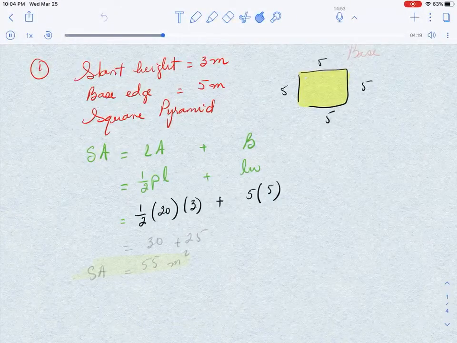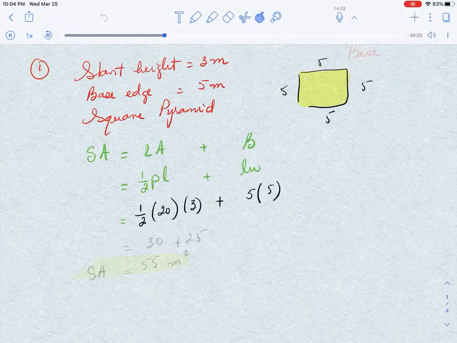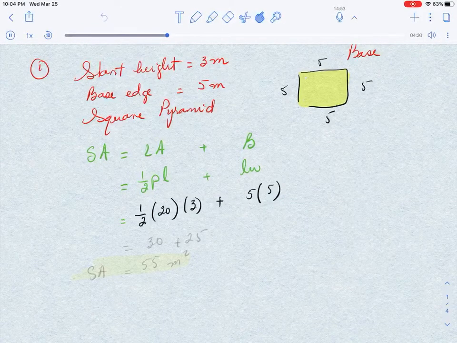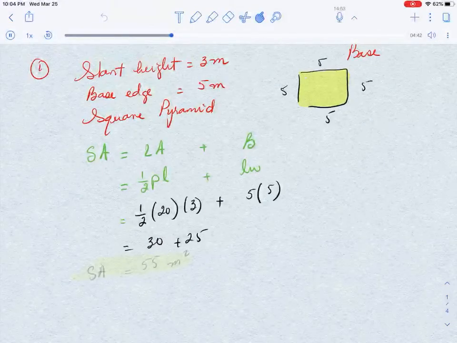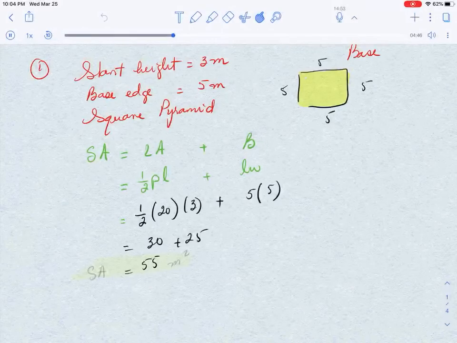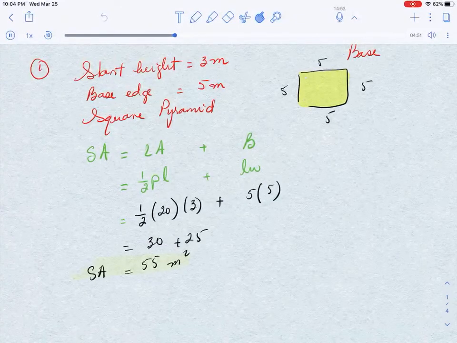So I should have 60, 30, sorry, 30 plus 25. So my surface area in this case is 55. Since it is a surface area, it should have square meters.